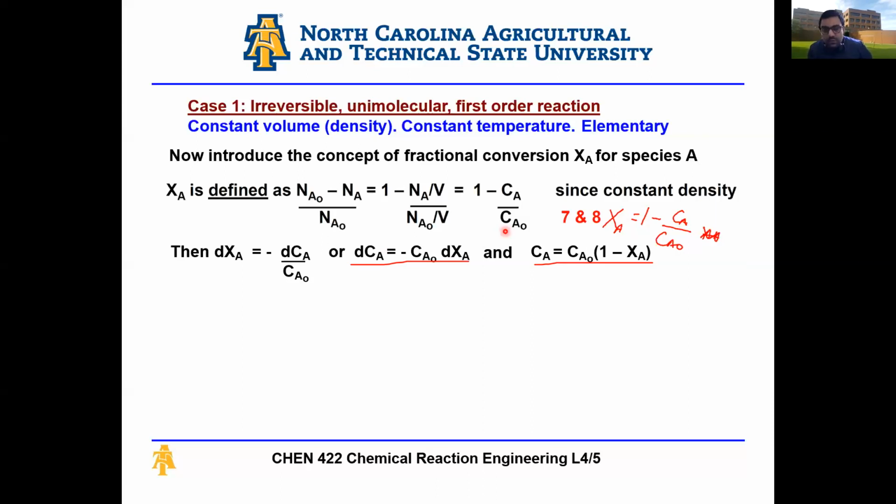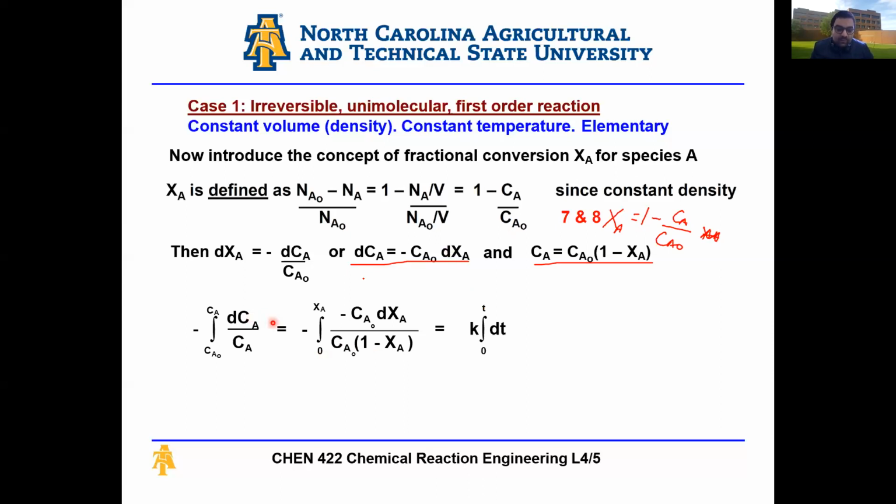Okay. So if I try to rewrite case 1 using conversion instead of concentration. If you recall, my intermediate step at the top was dCA by CA, and I'm integrating it from CA naught to CA. I'm going to replace the CA by this expression here, and I'm replacing dCA as well with dXA.